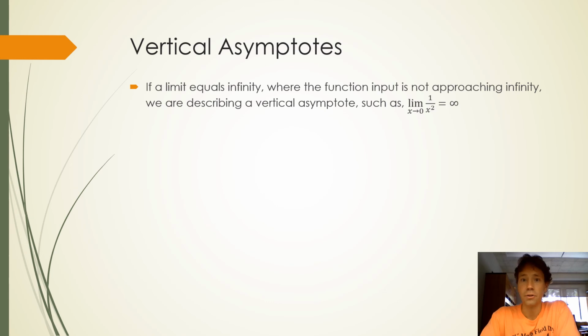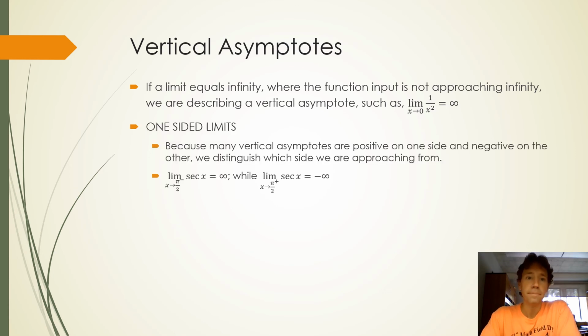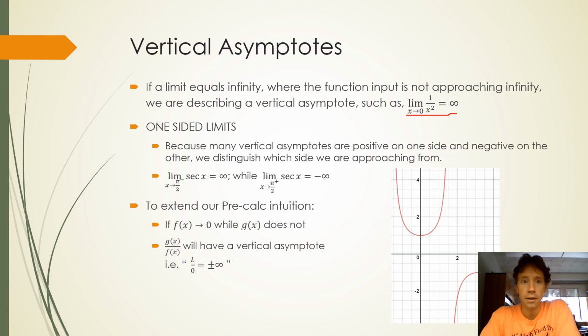So as x approaches 0, 1 over x squared approaches larger and larger numbers, approaches infinity. I used 1 over x squared because that's positive on both sides, but I think, again, we saw in an earlier lecture, when you have a vertical asymptote, it often is positive on one side and negative on the other. So we will distinguish which side we are approaching from when we write down the limit expression.